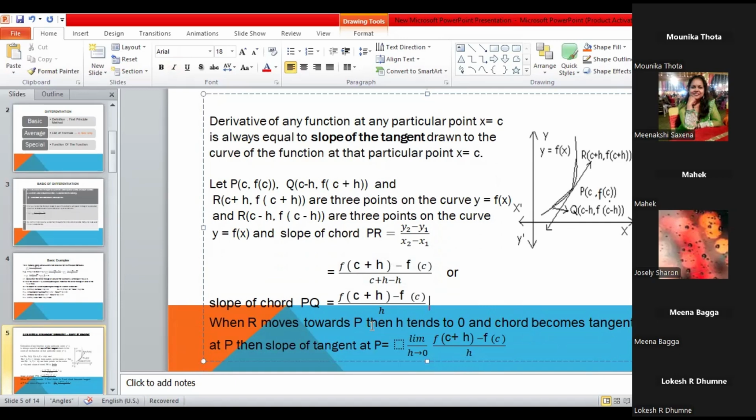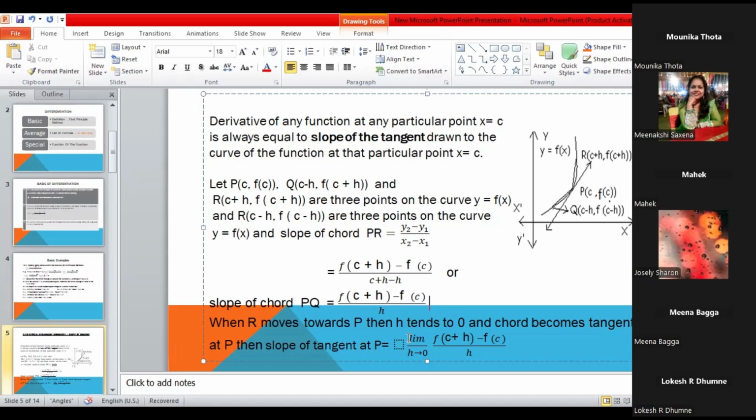And this moving of R towards P, we denote as limit h tends to 0. So when we put the limit before this f(c plus h) minus f(c) upon h, it becomes slope of tangent.